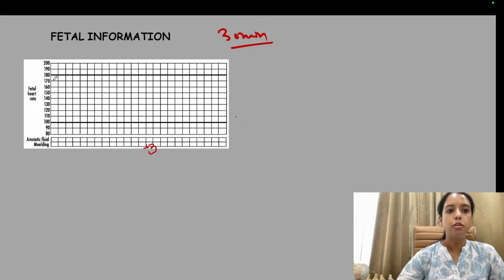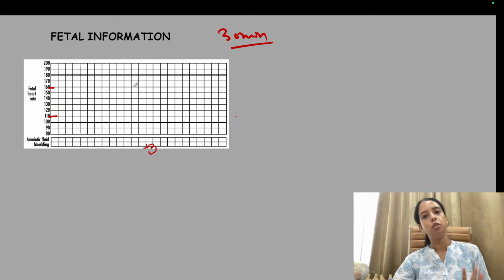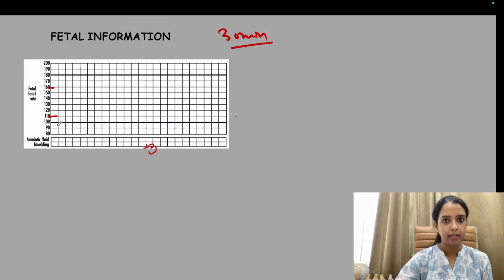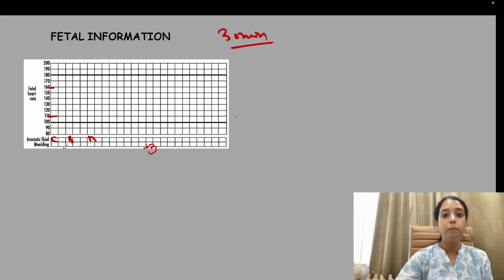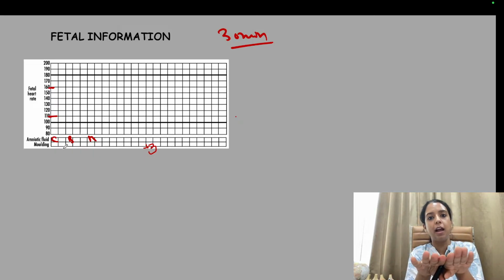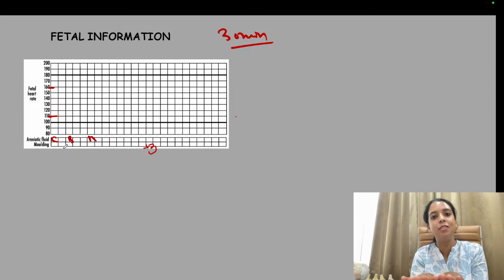So fetal heart should be between 110 and 160. It is plotted every 30 minutes in a low risk woman, every 15 minutes in a high risk woman. Also, we mention the amniotic fluid: it is clear, blood stained, or meconium stained. Molding means the overlapping of the skull bones. If the bones are just touching each other, it is grade 1.